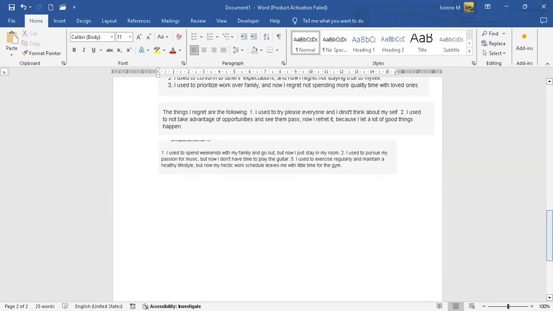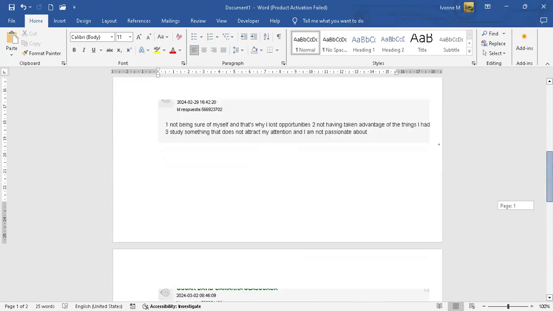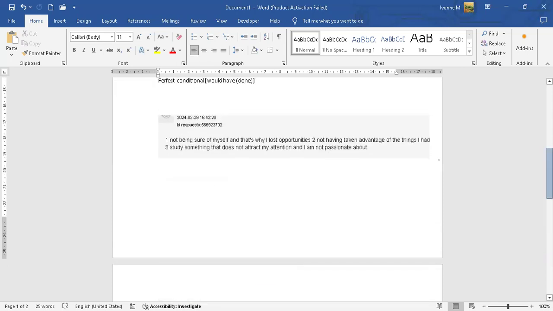They have a good structure in English. But the thing is, these sentences do not have the structure of the third conditional. And that's what you have to do. You have to build sentences with the third conditional.